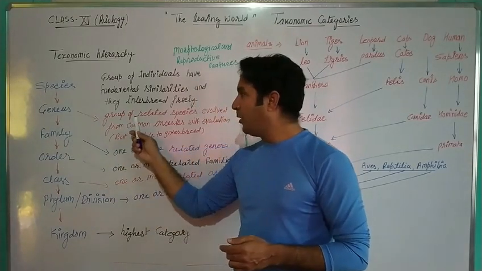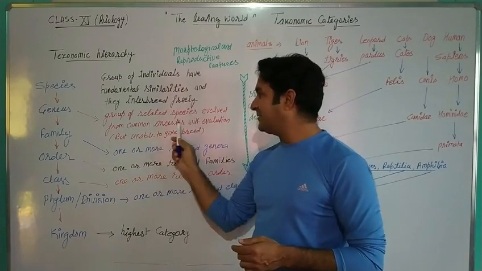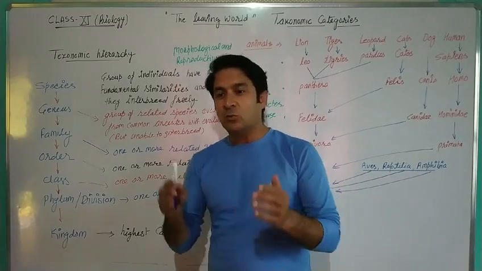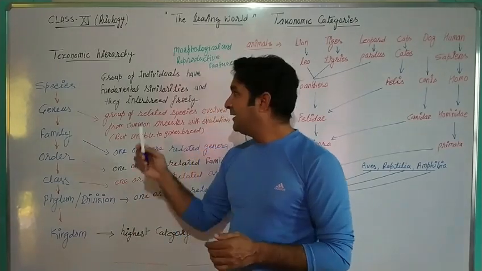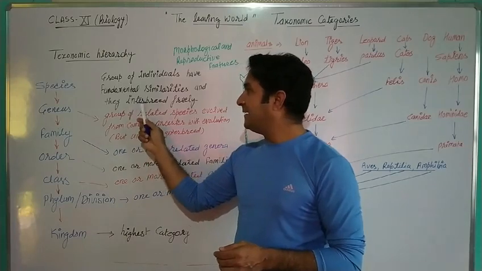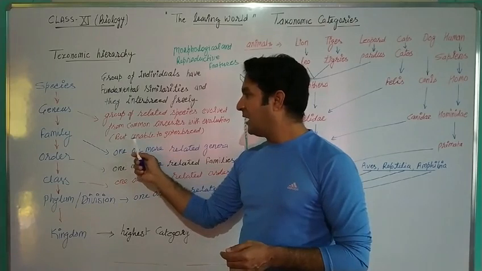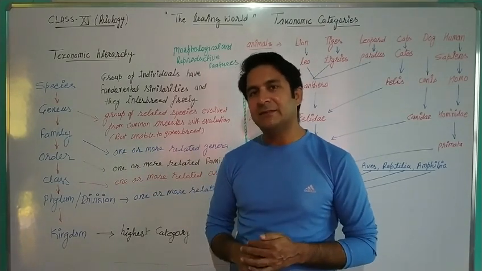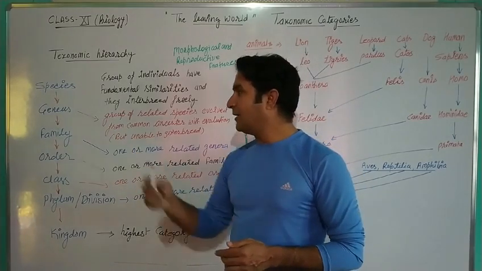So the group of related species that evolved from a common ancestor is called a genus. What is the difference between genus and species? In a species they can interbreed freely, but in a genus the species are unable to interbreed with each other. So this is called a genus.